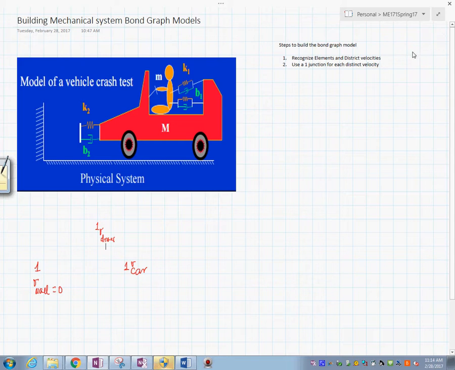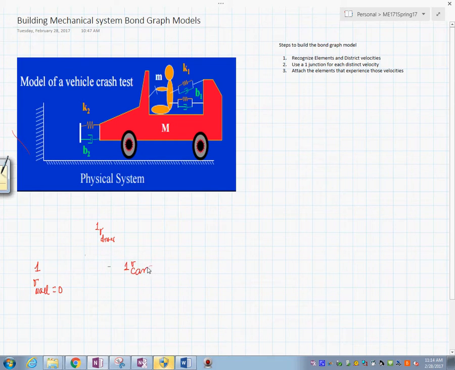Then the next thing we're going to do is attach the elements that experience those velocities. Very good. You see, you have the velocity of the vehicle right here.